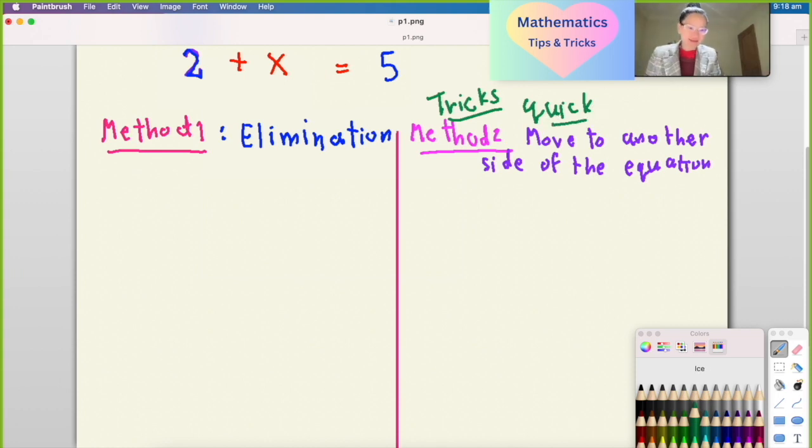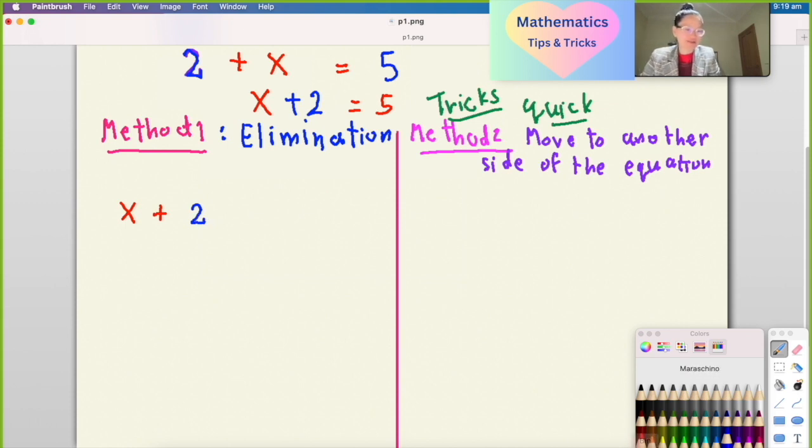Let's see how to do elimination. I would like to change this one a little bit to x plus 2. What is the number plus 2 equal to 5? x is something that you don't know, plus 2.